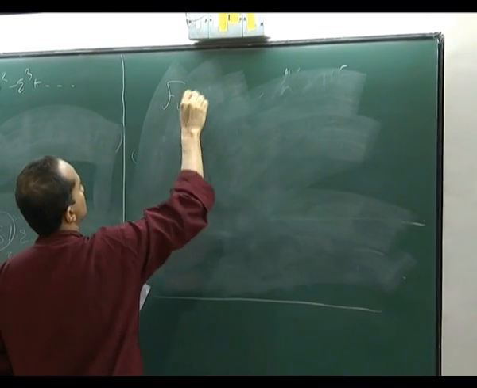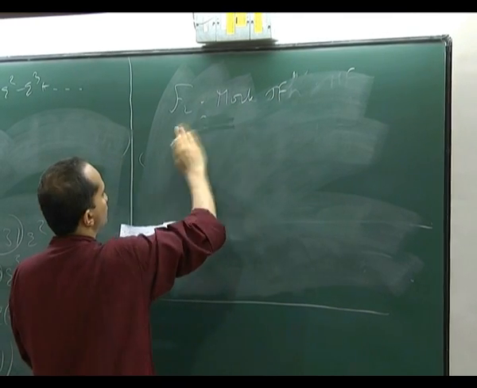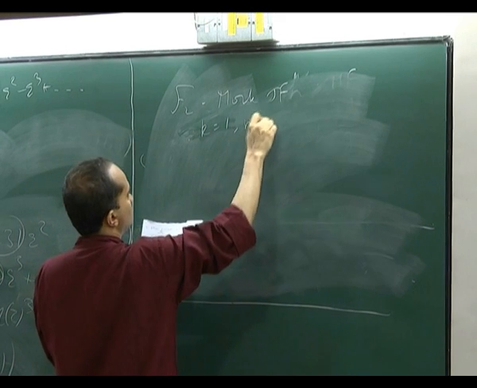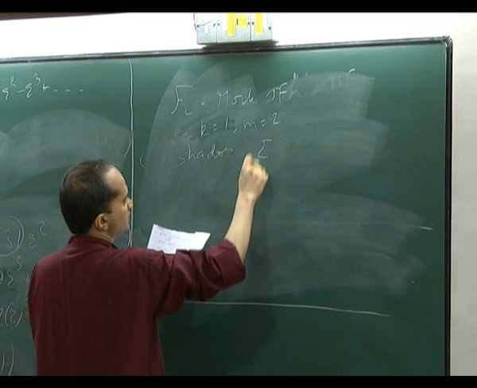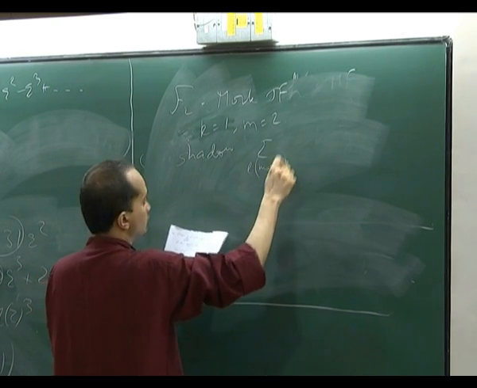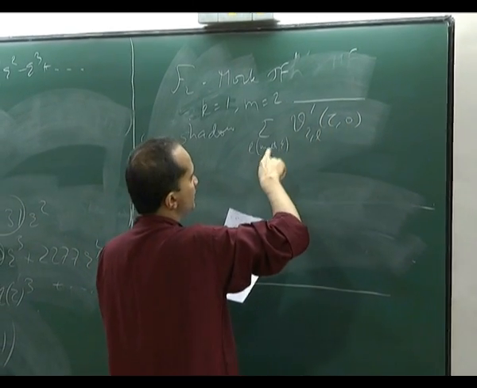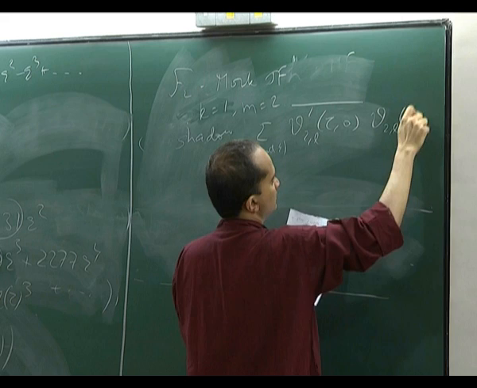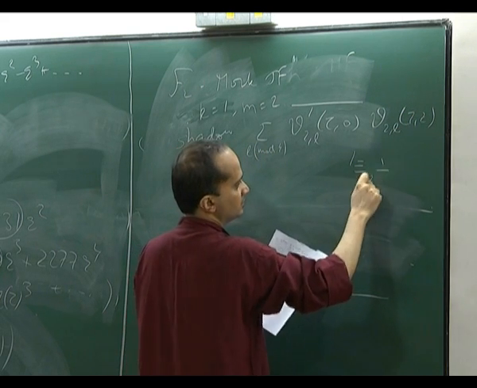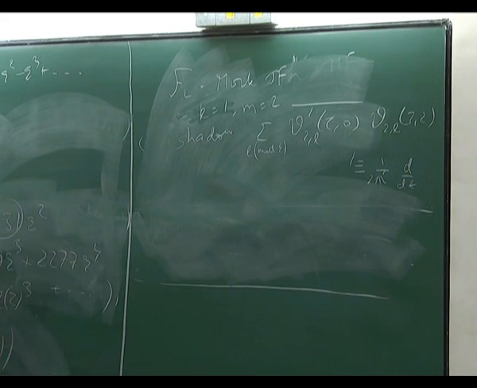So F2 is a mock Jacobi form of weight 1, index 2, and shadow the sum over L modulo 4 of theta 2L prime of tau, 0 times theta 2L of tau, z, where prime means 1 over 2 pi i times d/dz. Okay, this function also you may see in some of the lectures.